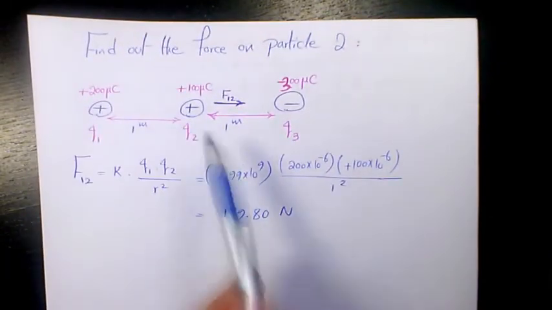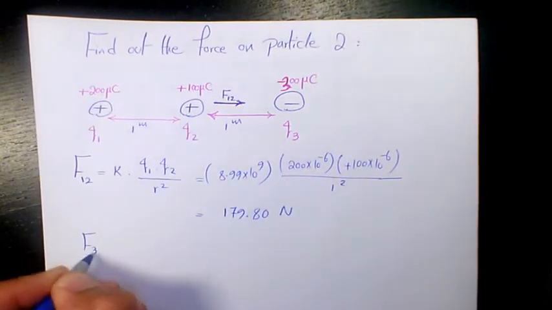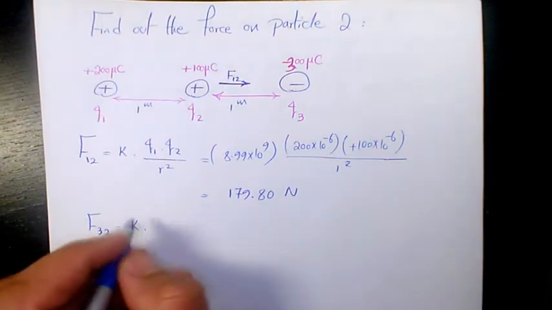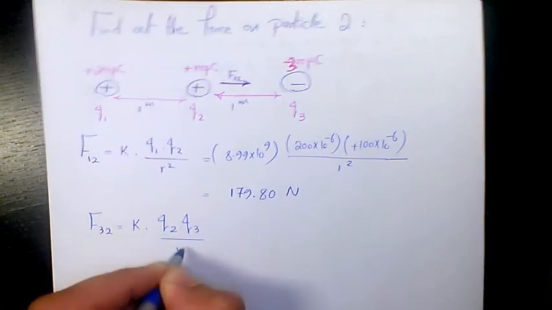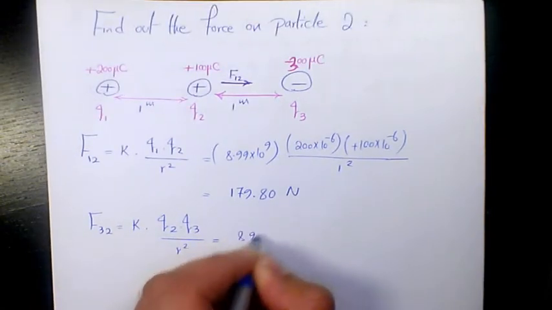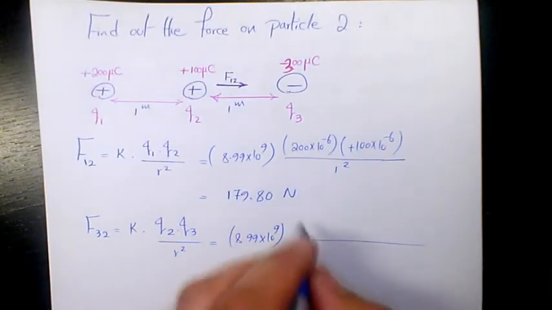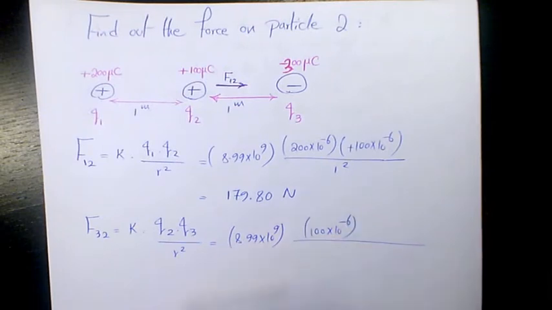Now let's find out F32. Again, using Coulomb's law, K times Q2 times Q3 divided by R squared. So it's going to be 8.99 times 10 to the power of 9. Q2 is 100 times 10 to the power of negative 6.